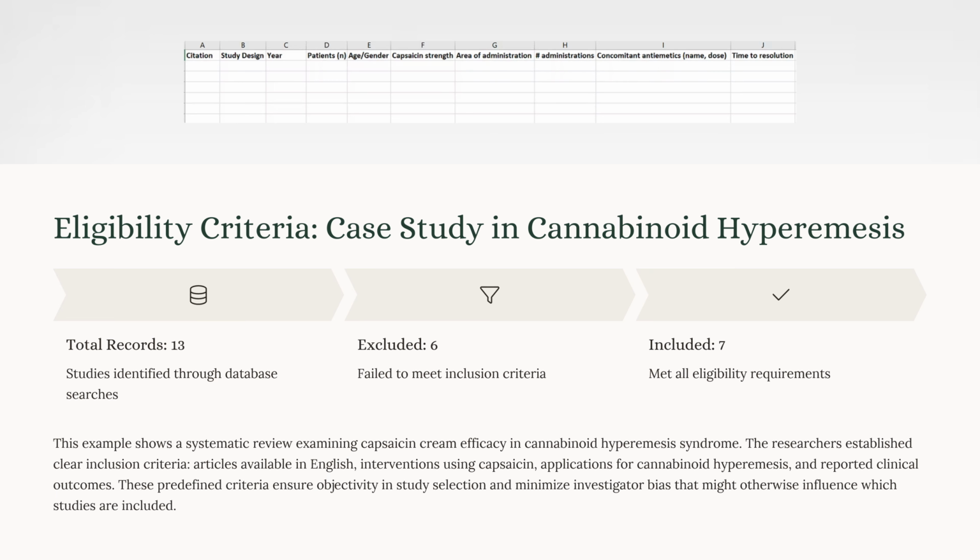Going back to one of our previous lectures and the study about cannabinoid hyperemesis, this is just showing you what it might look like in an example, although I would say your search should be much bigger than this. This was a systematic review trying to look at, again, capsaicin cream for cannabinoid hyperemesis syndrome. And the reviewers established the inclusion criteria that you can see at the bottom there.